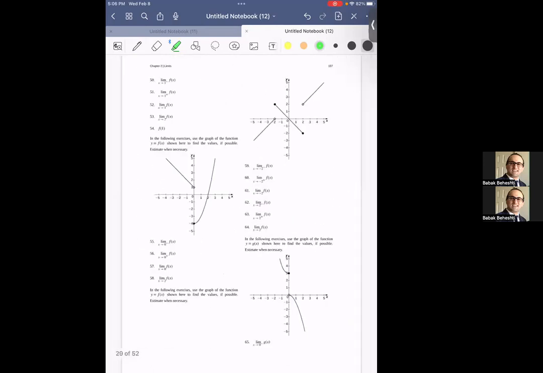And also 59, 60, 61, 62, 63, 64 on the next page, 157.